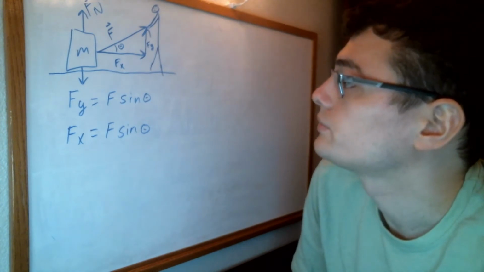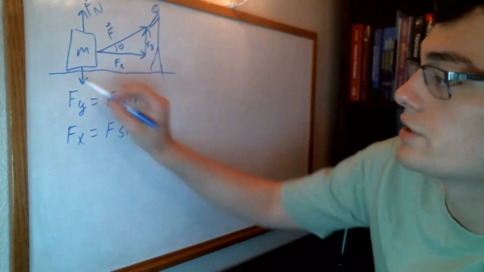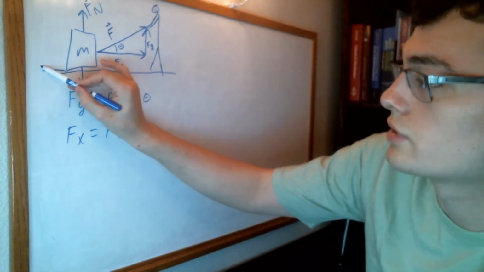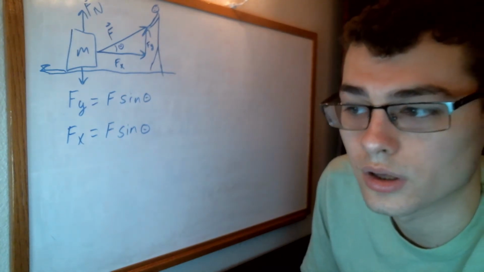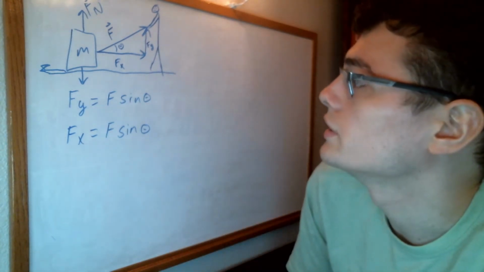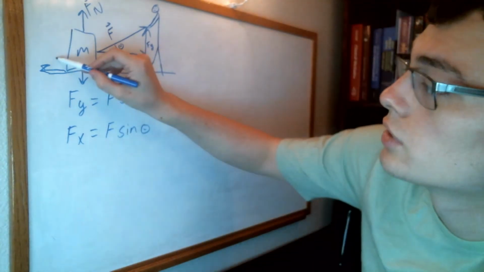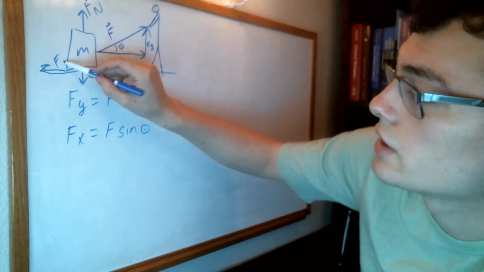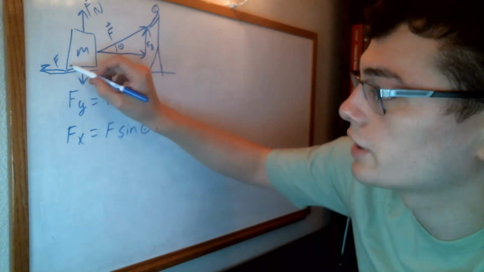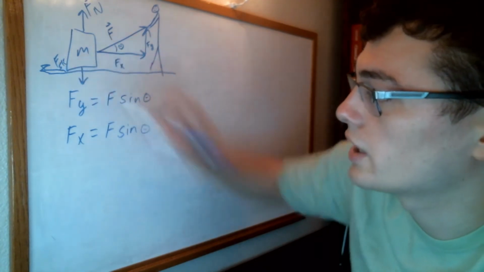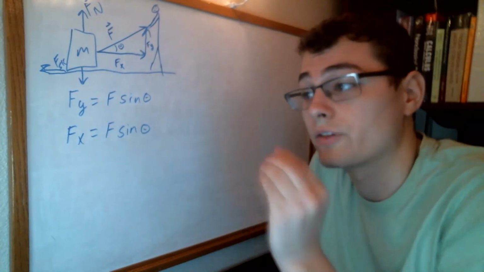And so we're going to have to also get into talking about frictional forces, which usually are drawn in the opposite direction of which the original force is being applied. And so we'll call this F. And depending on whether or not it's a static or kinetic friction, we'll denote that as FS or FK.